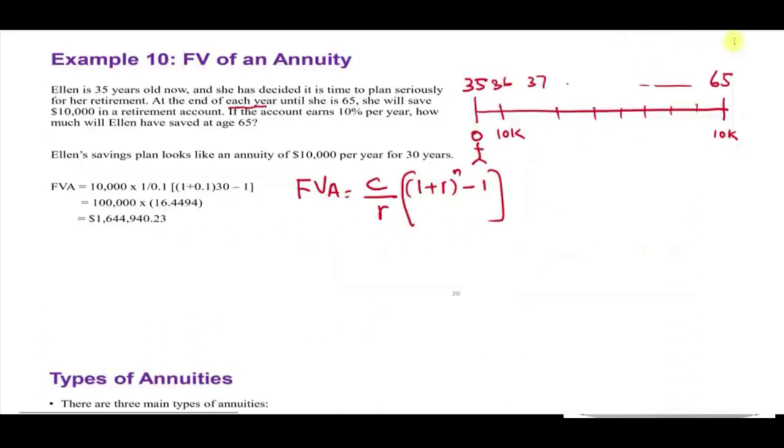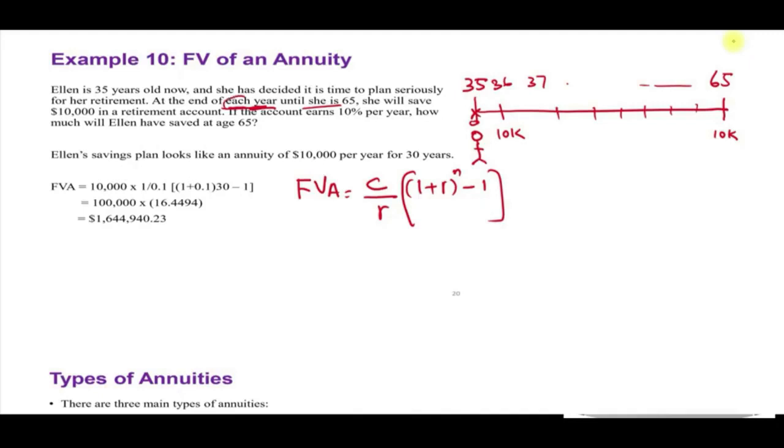Okay, now this future value of annuity example: Ellen is 35 years old now. So this is her current situation, this is today, time 0. She has decided that it is time to plan seriously for her retirement. At the end of each year until she is 65, she will save 10,000 in a retirement account.